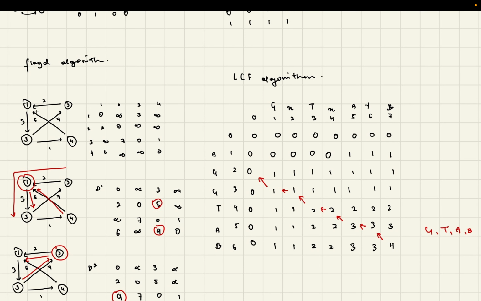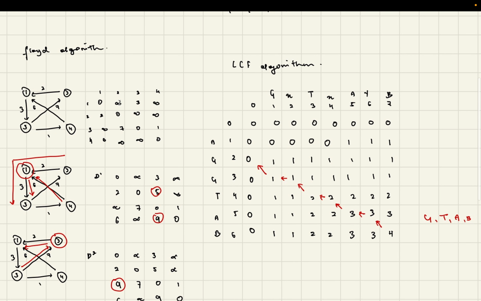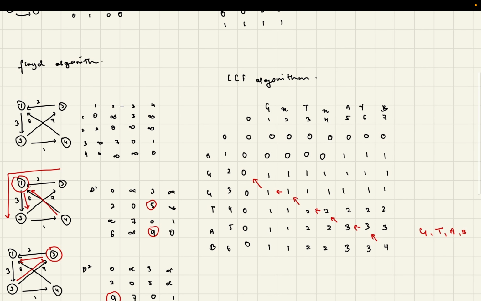Instead of putting 1, we put the weightage of the direction, which is 3. And as you can see, 1 cannot go directly to 2. So initially we just put infinity at first, because we do not have the value yet.